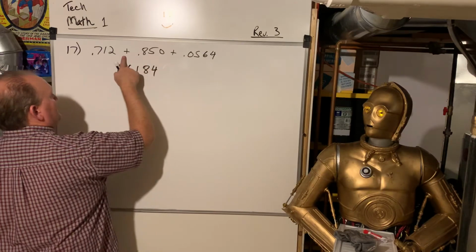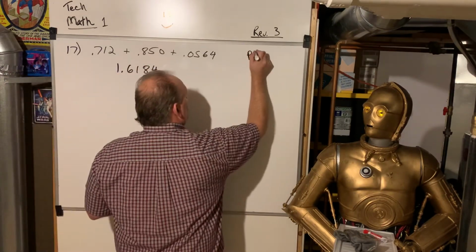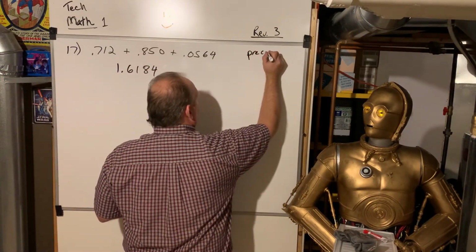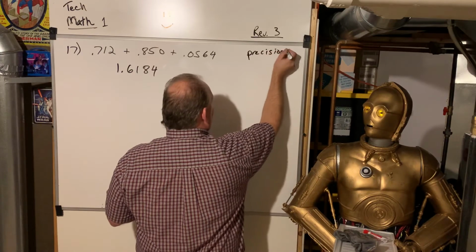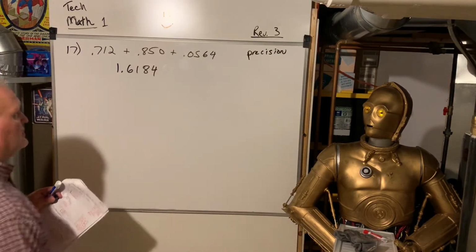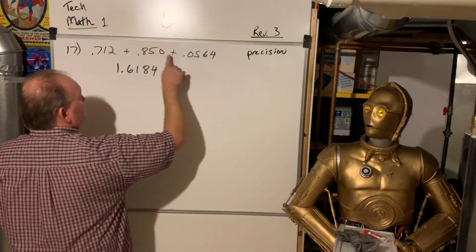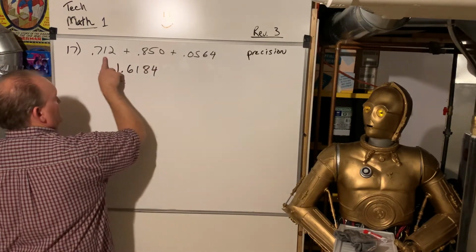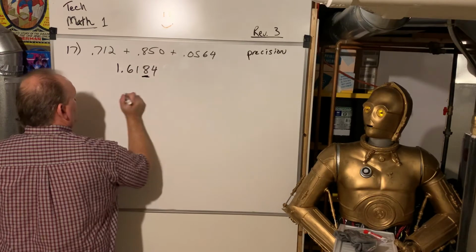But when you're adding and subtracting, you should use precision, and it should be the least precise thing up there. That determines what you round to. So this went to 10,000ths place, this went to thousandths place, this went to thousandths place. So we're going to round to thousandths place.